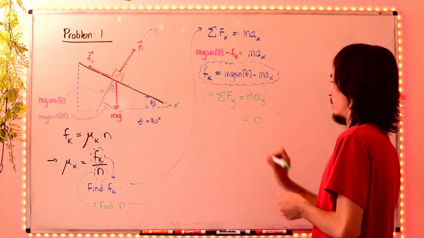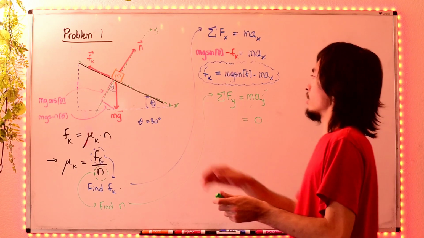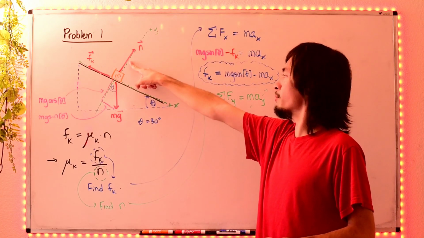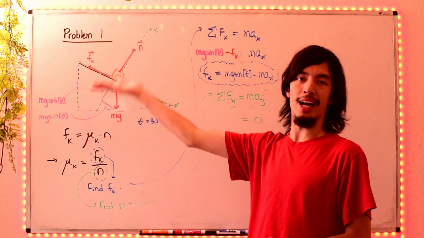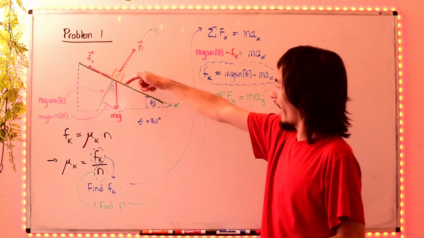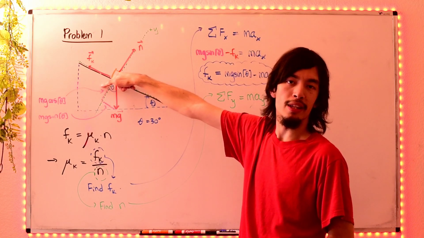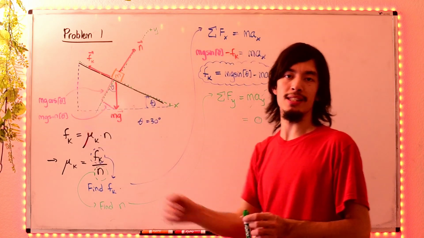Right side is 0. My sum of forces will account for 2 forces with the y component. So normal force is positive because it's above the x-axis, and we have the y component of the weight, which is mg cosine theta, which digs below the axis, so that means it's negative.